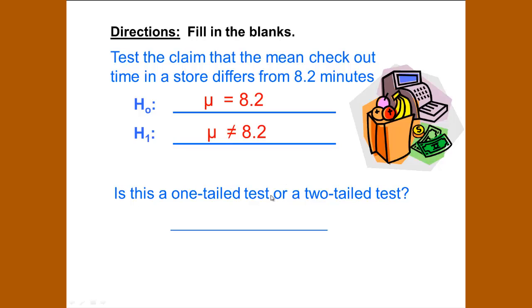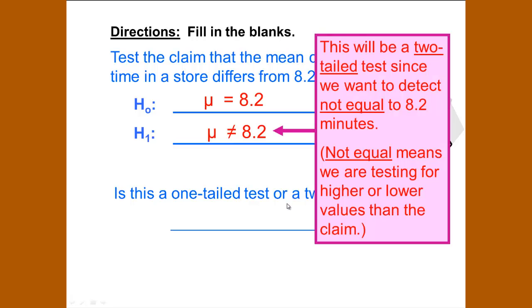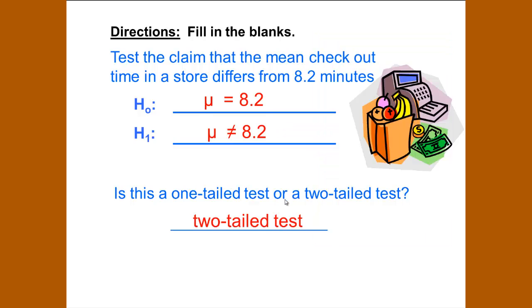Not equal to means we're testing both less and greater than, and therefore is a two-tailed test. So since we want to detect not equal to 8.2 minutes, not equal means we are testing for higher or lower values than the claim. So this is a two-tailed test.